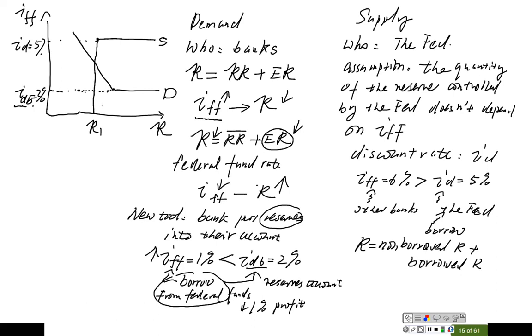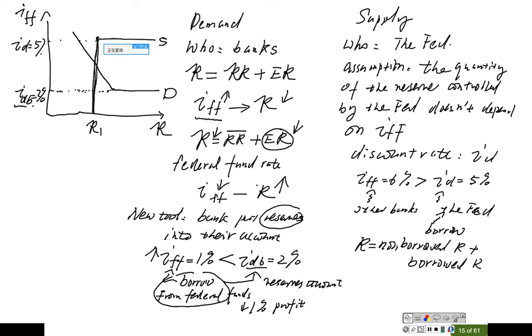So before the federal funds rate hits the discount rate, the vertical line here basically represents the non-borrowed reserve. But once the federal funds rate hits the discount rate, the banks start to borrow money from the Fed.